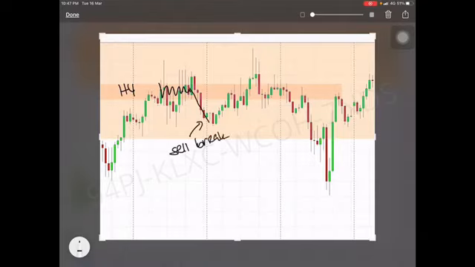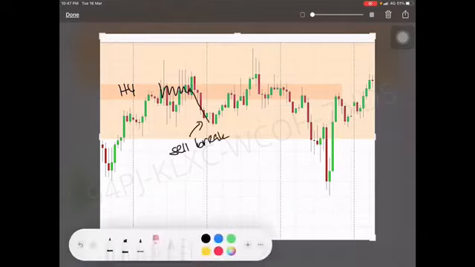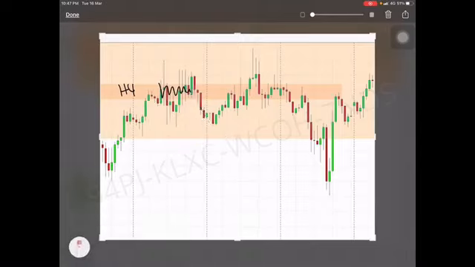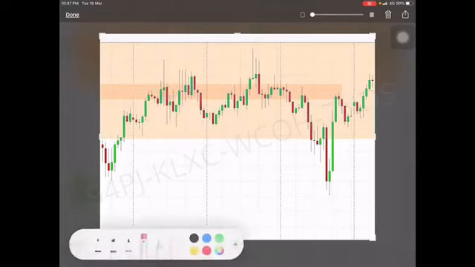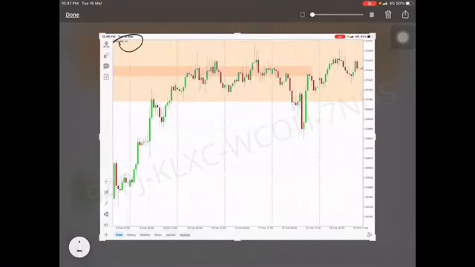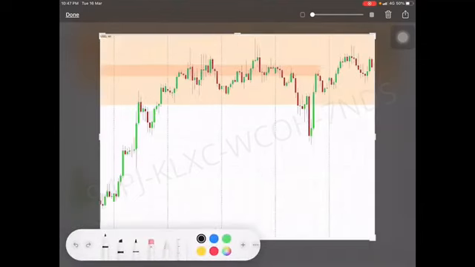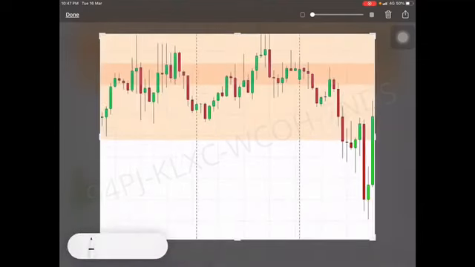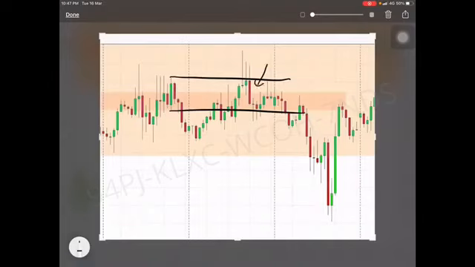So what do you look for after the sell breakout? H1. This is H1. So we are looking for sell engulfing. So this is where we are going to entry. Okay? Yes. Okay. So you entry.